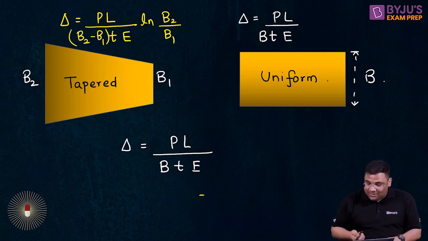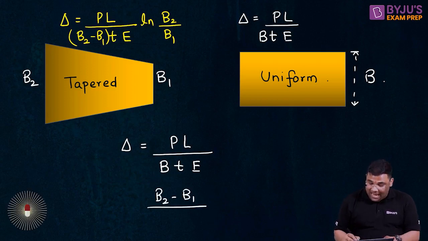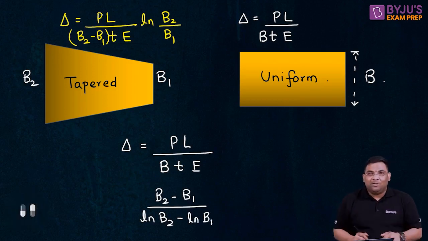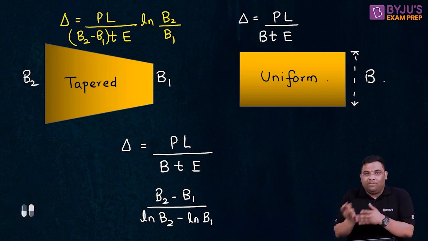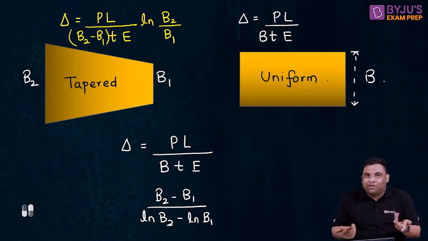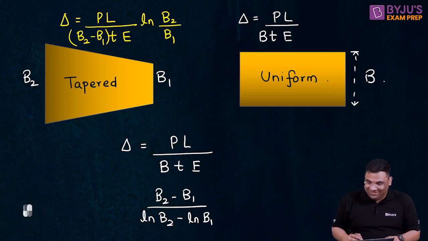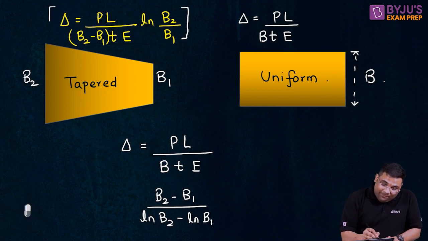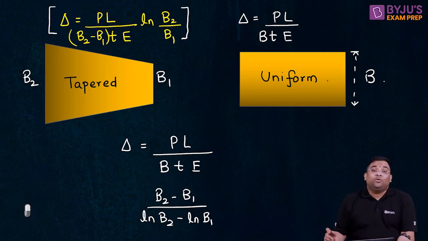This can be written like this also: B2 minus B1 by ln B2 minus ln B1. So easy to remember. Now what is ln B2 minus ln B1? That is ln B2 by B1, by log properties. So you can remember the formula for a tapered rectangular cross section so easily.